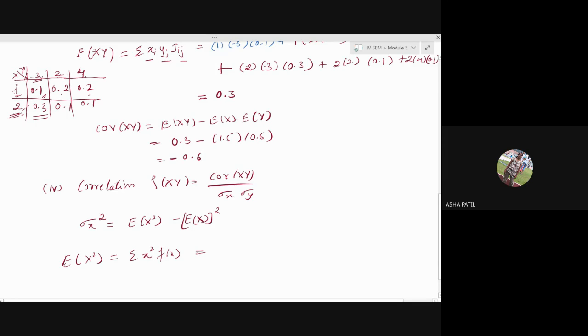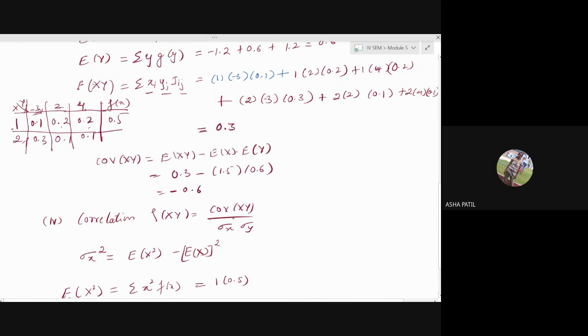Summation of x square into f of x. See what you get. Here f of x is 0.5.